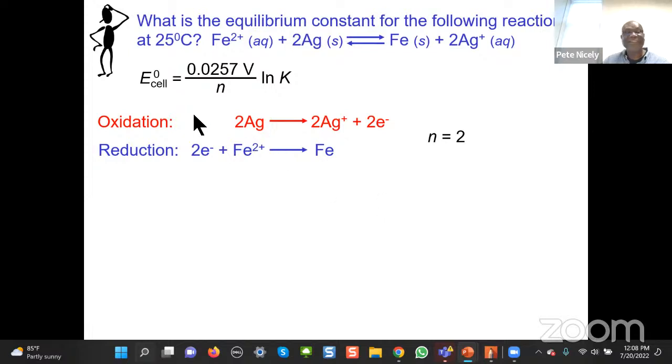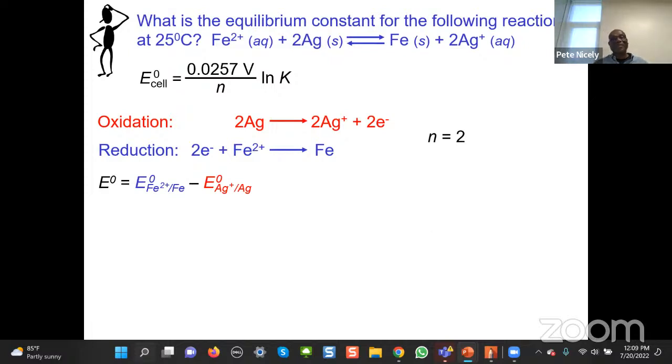The other part is determining the EMF of the cell. Now, the EMF of the cell would be equal to the difference between the standard EMF of the oxidation and reduction potential. Remember, it's always reduction minus oxidation. What that means is that we'd have to consult the tables to look up the EMF values of both half cells, right?